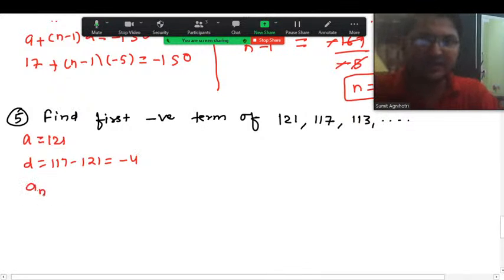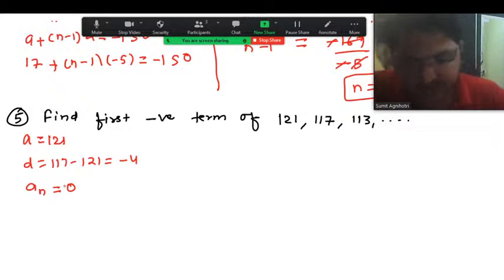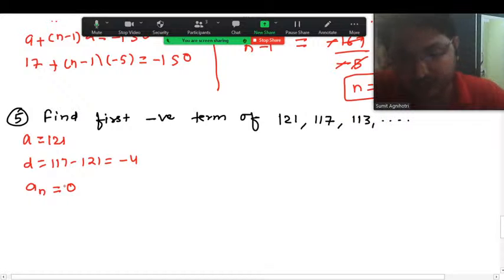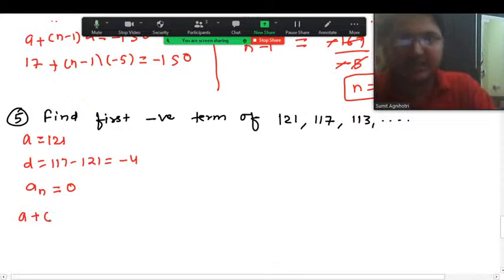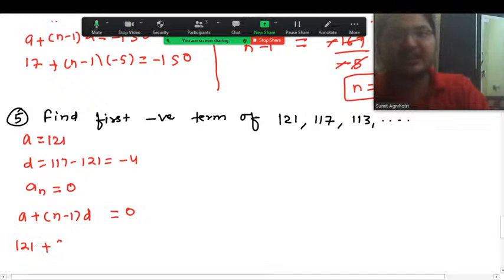We are just assuming that nth term is 0. This is the first thing that we do. We assume nth term to be 0. And as we all know, nth term is a plus n minus 1 into d. We assume it to be 0. We substitute a being 121, n being nothing, we are not given n, we are going to calculate it, d being minus 4 here.